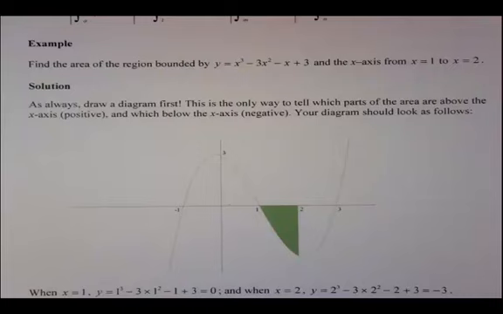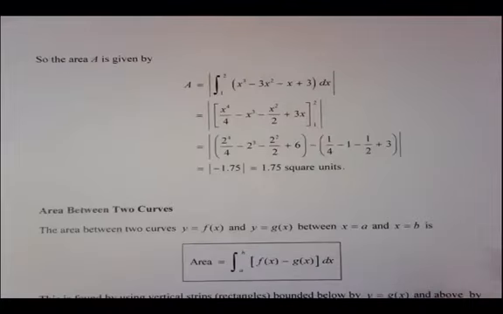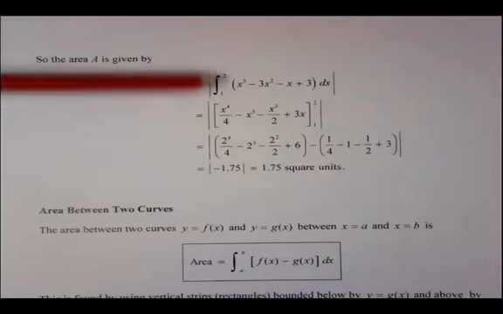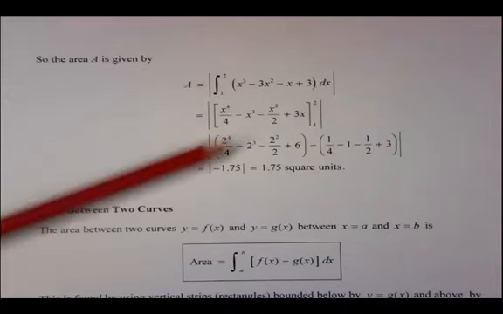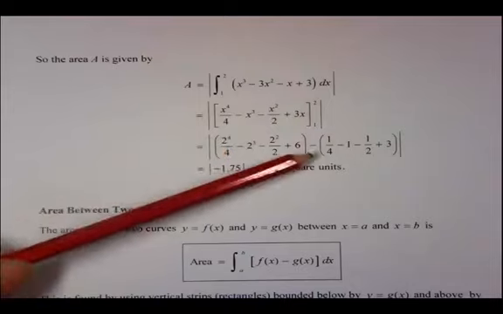Okay, so what we have to do, because it's all below the x-axis, is just write down the integral from 1 to 2, and then once we've got the answer, make it positive. The value of the number in absolute value will be correct, but the sign won't be. So we've got the integral from 1 to 2, and there's our function. We integrate, we substitute in 2, we substitute in 1, we subtract, and we get our answer.